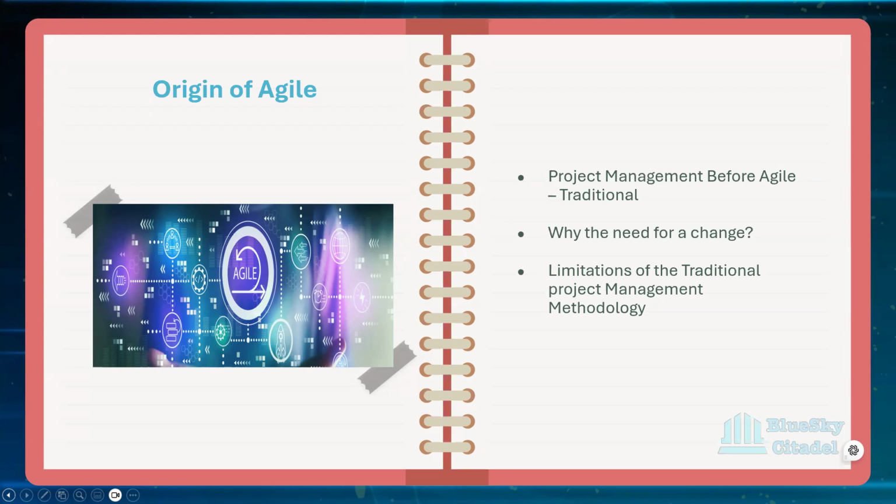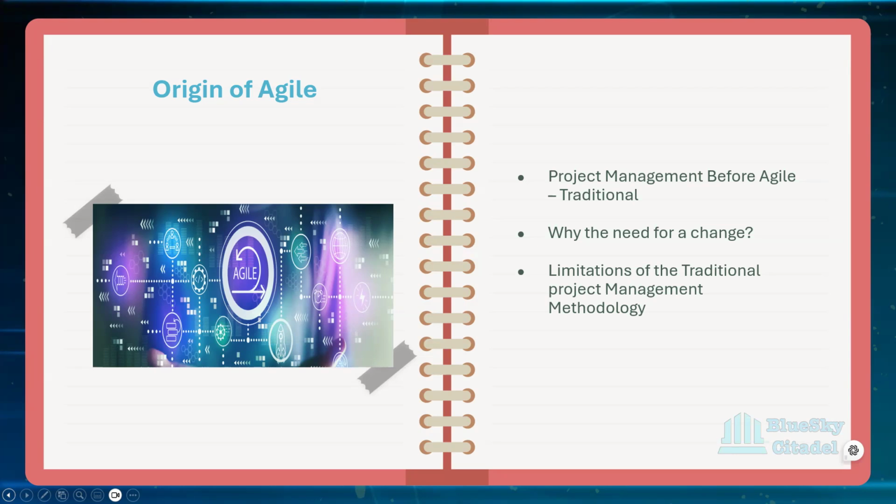The requirement gathering has to be completed first before it goes into the next stage, the design, which has to be completed. The development, implementing all the requirements, has to be completed before the testers test, and then they deploy. So it has to follow that plan.